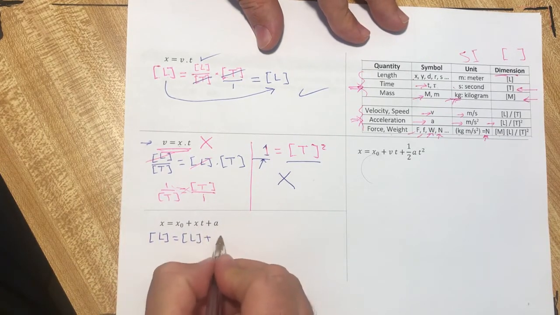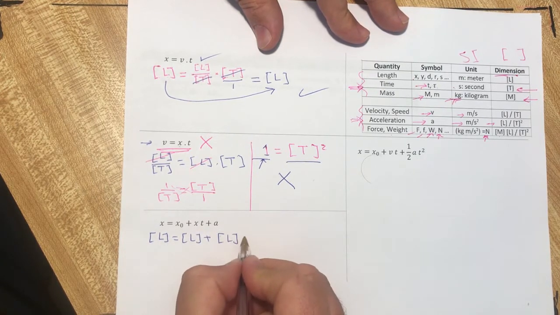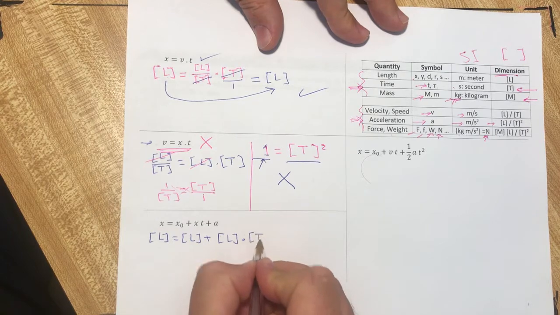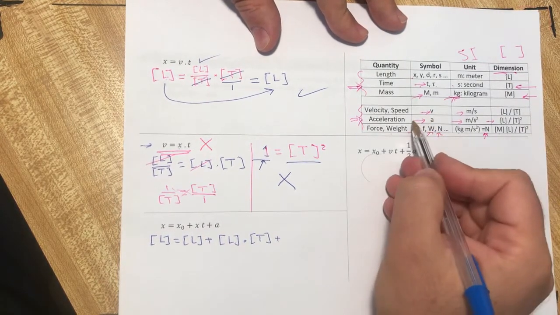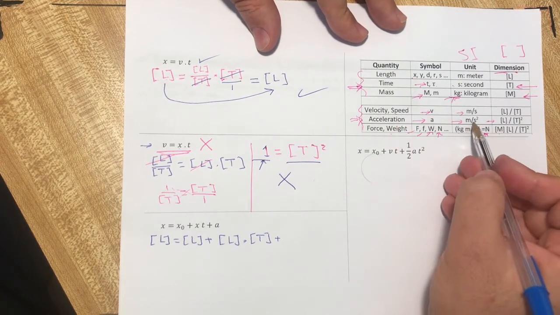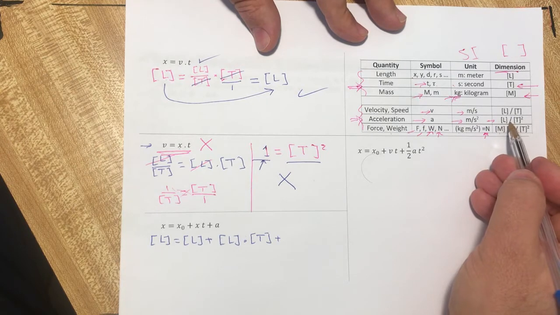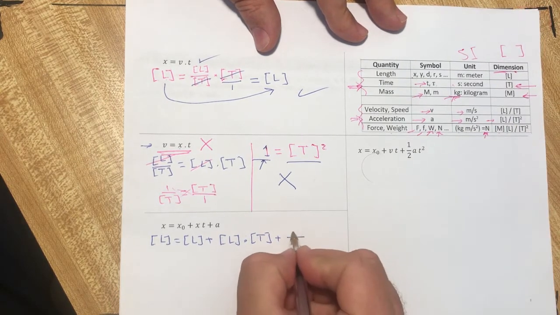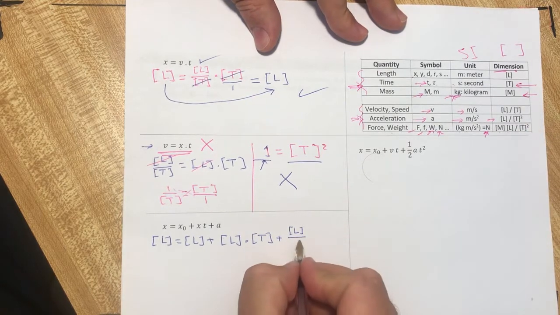Plus x is also a length. Time is time. Plus a. Look here, a is acceleration. It's meter per square second. It is length over squared time.